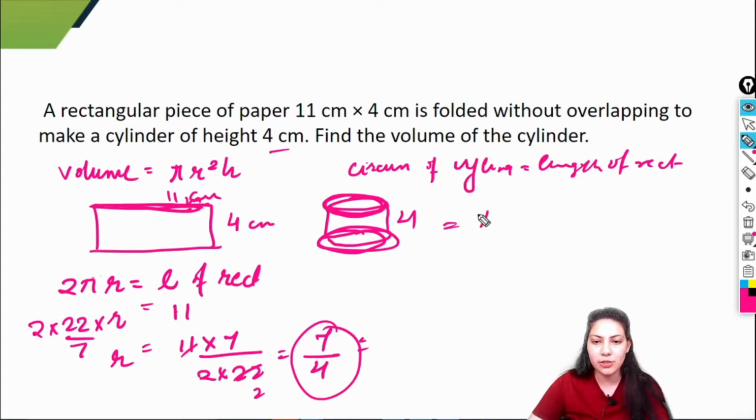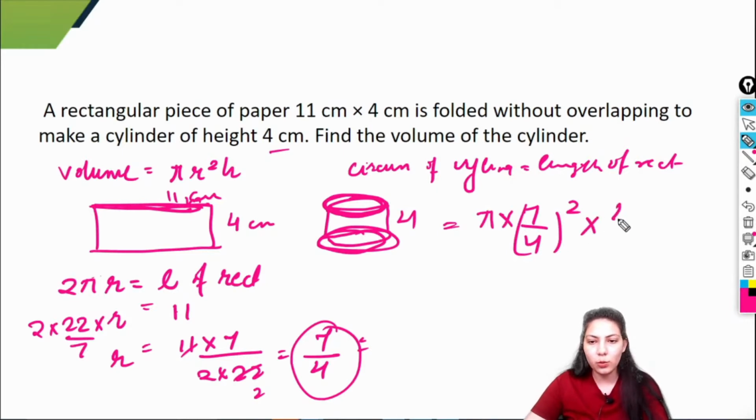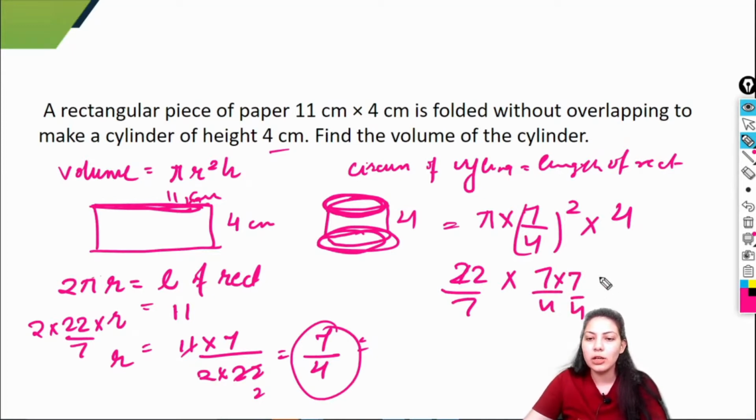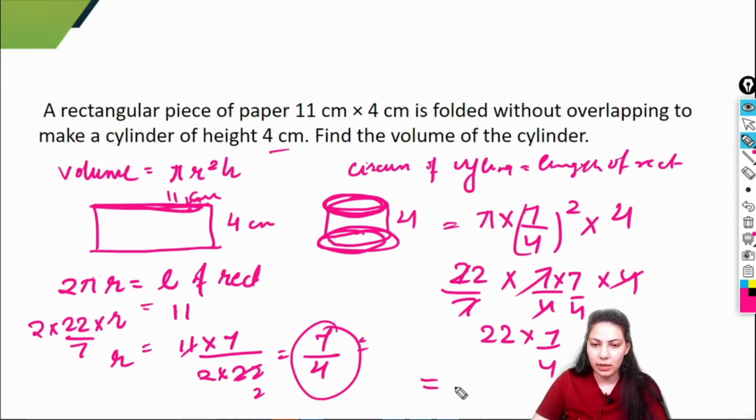That is pi r square h, so pi into 7 by 4 whole square into h. So pi is 22 by 7 into 7 into 7 into 4 into 4 into 4. Again 7 7 cancel, 4 4 cancel. So 22 into 7 by 4, again it's 11 into 7 by 2, that is 77 by 2.